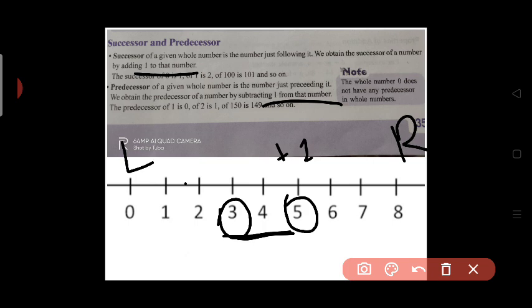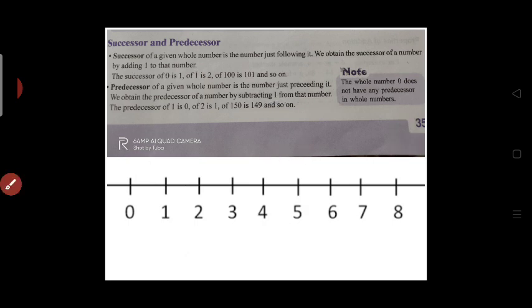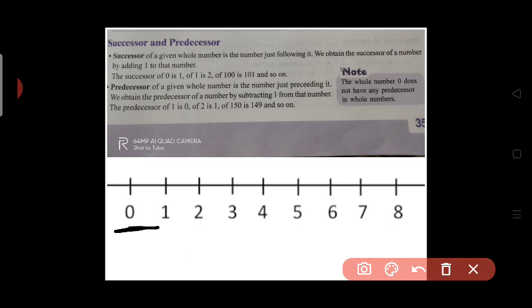The whole number 0 does not have any predecessor in whole numbers. Okay, so you see that 0 is the last number on the left side. That means if we want to find the predecessor of 0, then we can't write it. Why? Because before 0 there is no number.